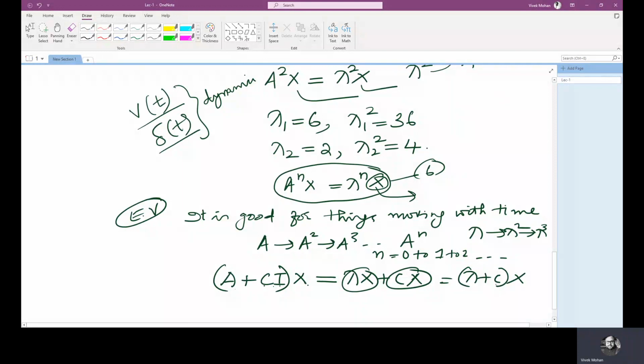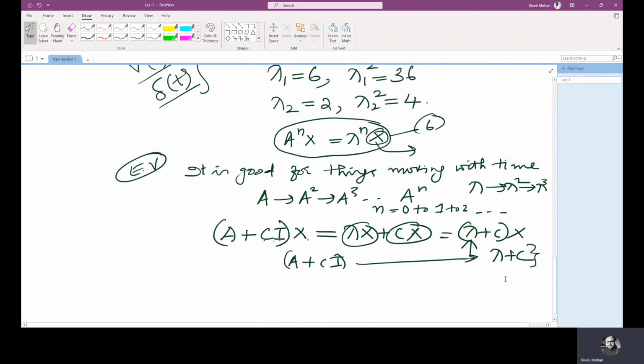So now what happened? Earlier the eigenvalue was lambda. Now the eigenvalue is lambda plus C. Right. When the matrix was shifted by C times identity, the eigenvalue is added with C. Okay. So this is another interesting property.